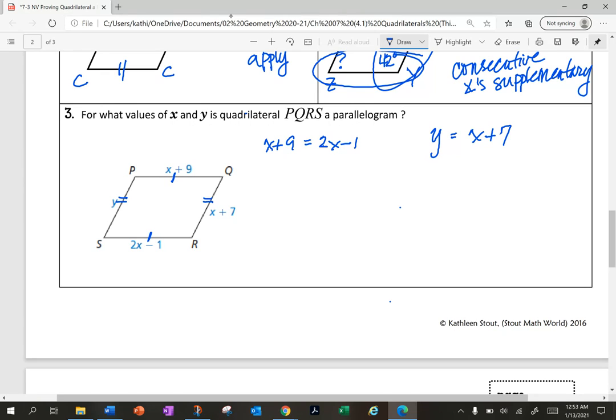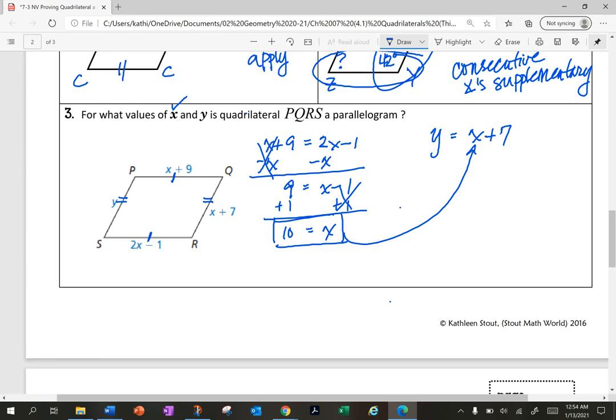Solving the equation on the left first, I subtract x from both sides. So 9 equals x minus 1. I add 1 to both sides, which is called adding the inverse. So 10 equals x. Now I substitute: y equals 10 plus 7, so y equals 17. So when x is 10 and y is 17, I have opposite sides congruent, so that makes it a parallelogram.